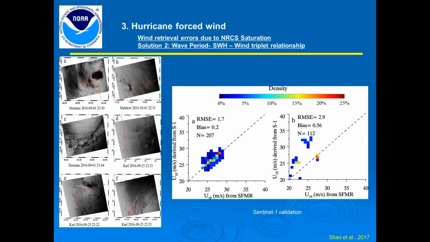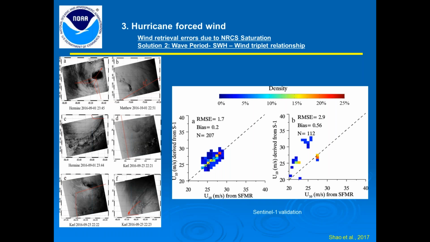So if you derive the wave correctly, then you use the research result to tie that with the ocean surface wind in the hurricane conditions for different satellites. So this is a study we compared against the SFMR flights, shown in the yellow line.